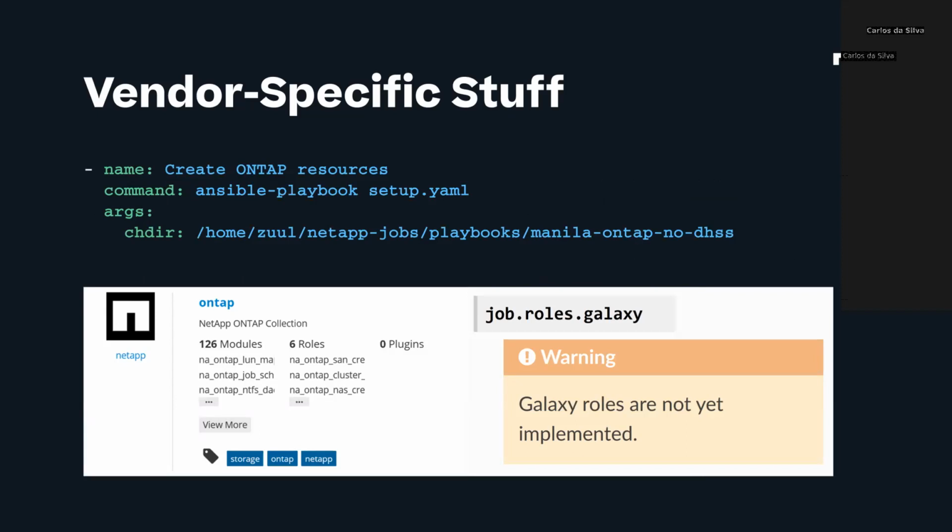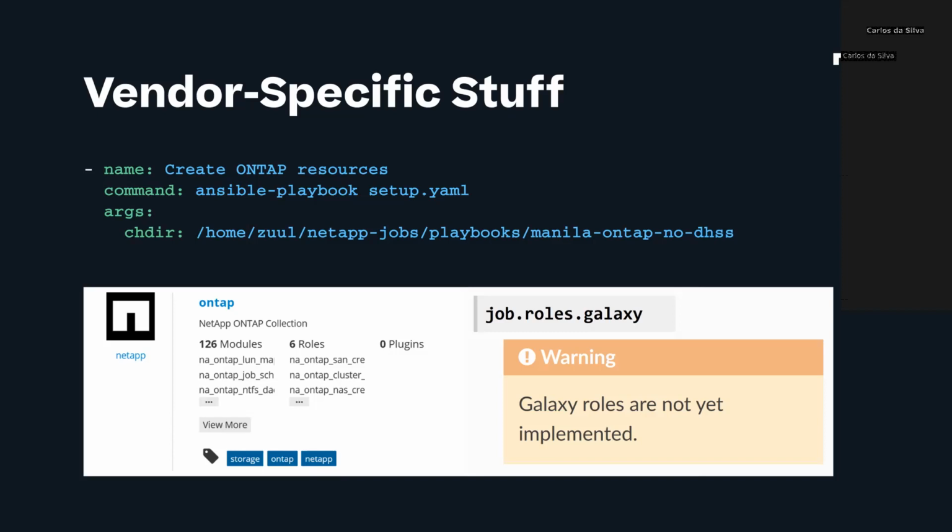So we have the NetApp.ONTAP collection, which has a lot of useful modules and roles for administering an ONTAP cluster. This is very useful for us because that's exactly what we want to do in the later steps of our pre-playbook, where we create a lot of resources, and in the end also where we delete a lot of resources.